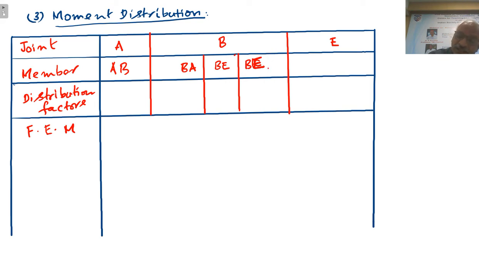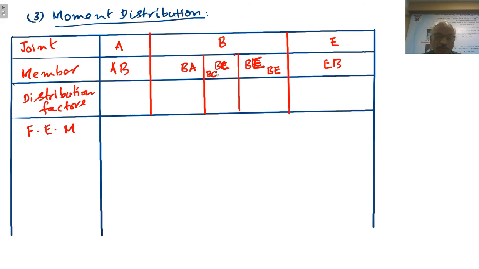This is BE. This is member EB. So this we will call BC, because that is the overhanging part, which we will write in between.